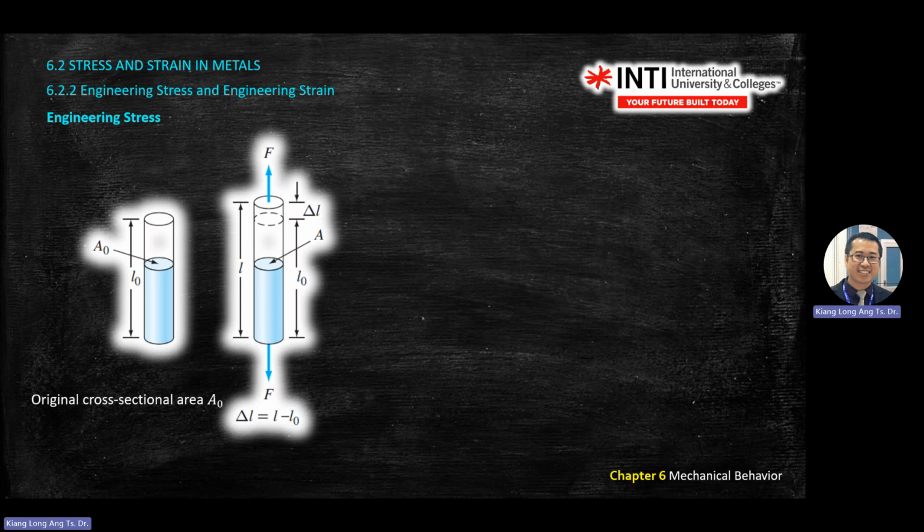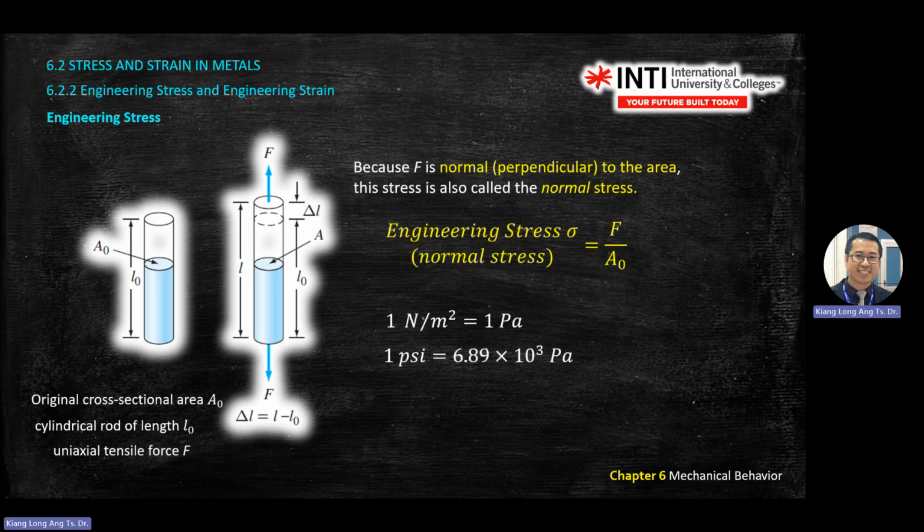So the formula to calculate normal stress: we use the sigma symbol to represent stress. Sigma, or stress, equals force divided by area. And remember, the area that you use is the area perpendicular to the force.